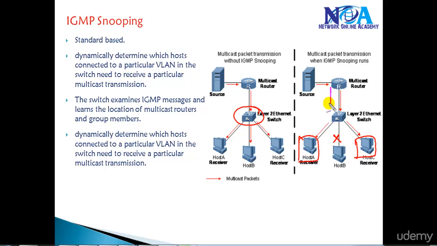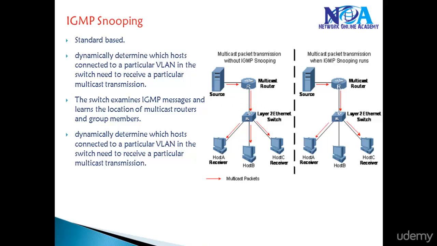So when the router receives multicast traffic, it's forwarded to the switch. Now the switch knows that the multicast traffic is coming for this group, and which particular devices have requested that group, and it's going to forward only on the ports that are requesting that particular multicast traffic. It does this based on the IGMP messages.